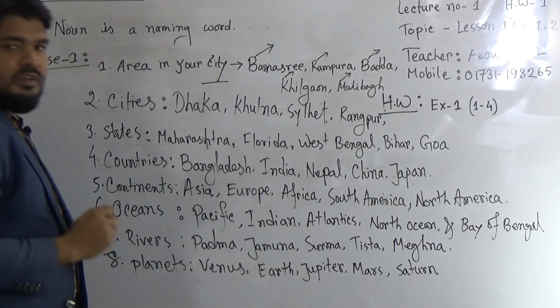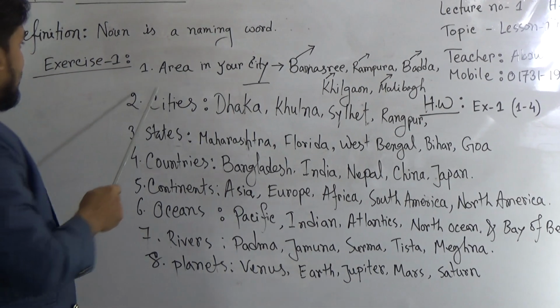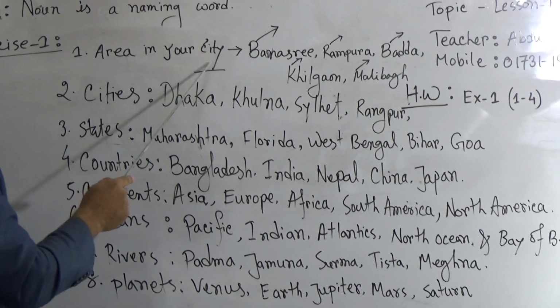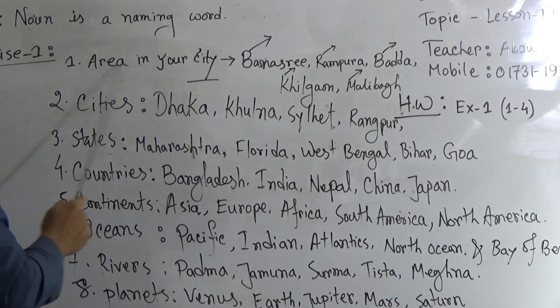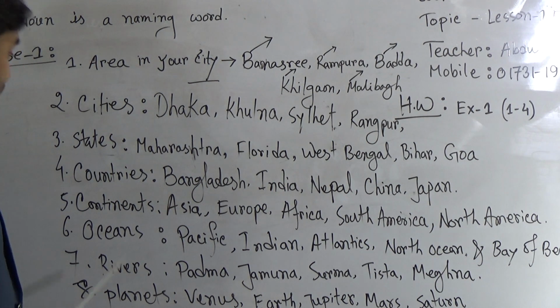Okay, dear students, this is from your exercise one. There are 8 points. This is the city area in your city, and number 2 is cities, states, countries, continents, oceans, rivers and planets.